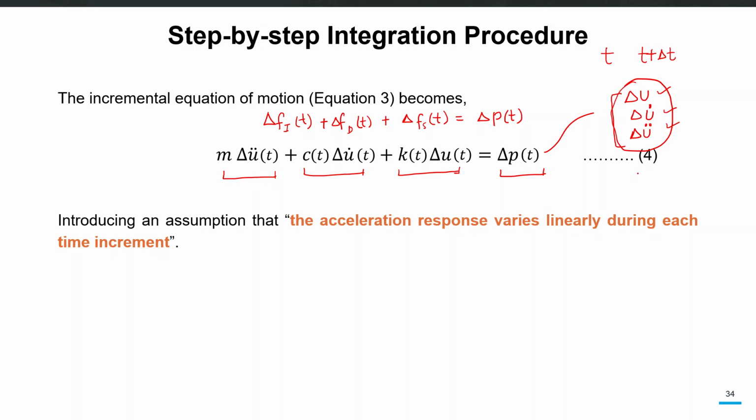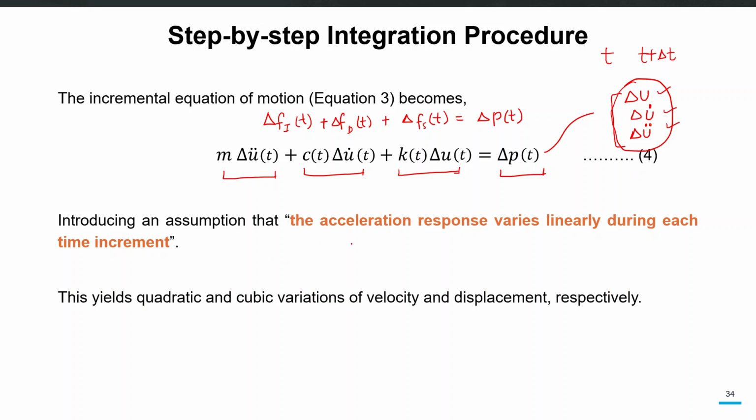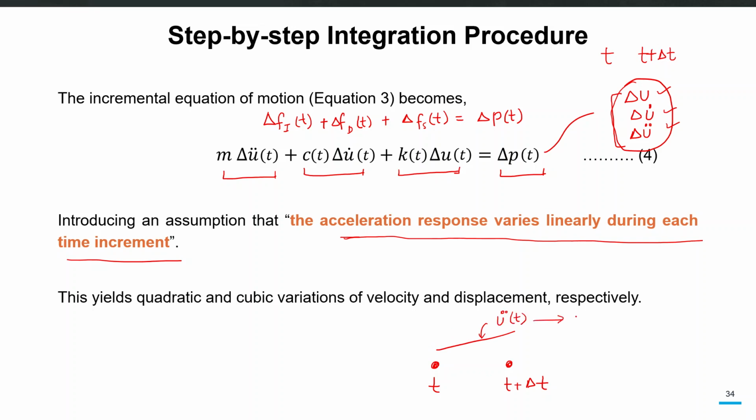So here let's introduce another approximation, called the linear acceleration approximation, which says that the acceleration response varies linearly during each time increment. If you have a time increment T to T plus delta T, within delta T the acceleration will vary linearly. So this line, if it represents u double dot, will be linear.